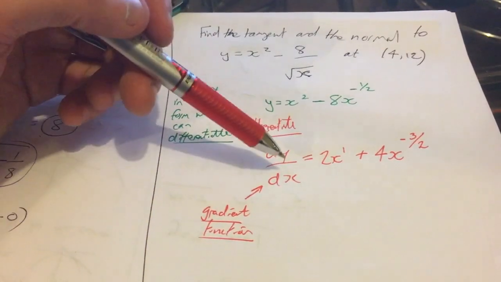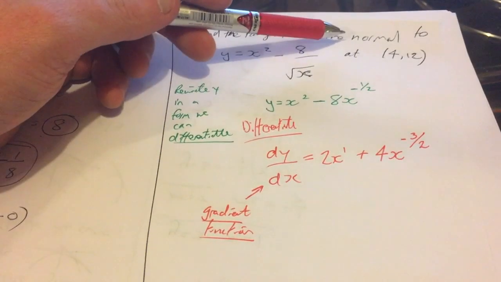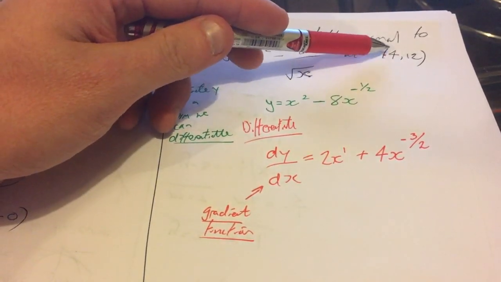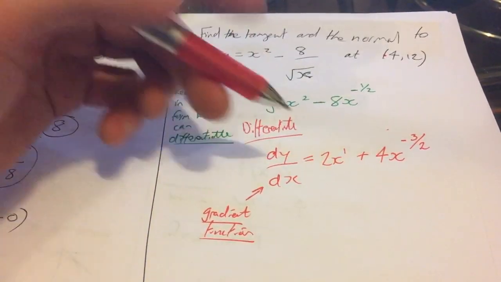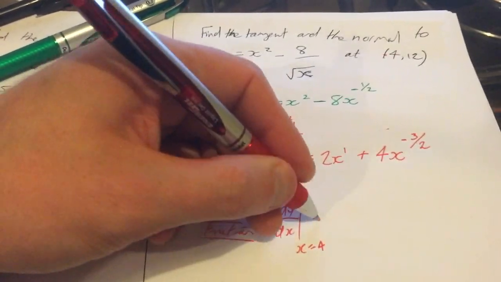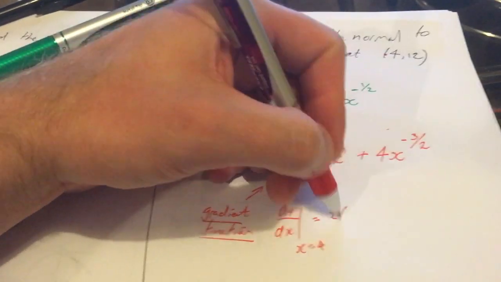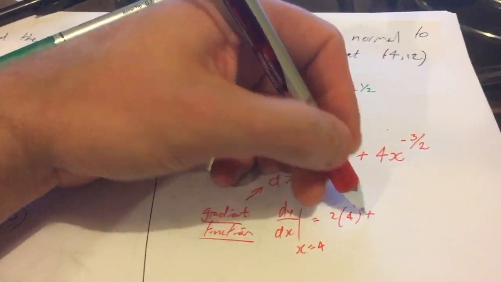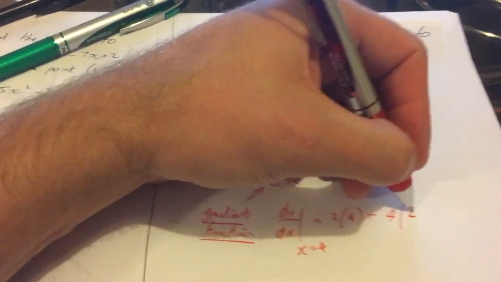And now we want to try and find what the gradient is at this point so that we can find the normal. So we're going to put in the point (4, 12), so put x equals 4 in here. So we're going to get 2 lots of 4 plus 4 times 4 to the power minus 3 over 2. I actually do this in my head.